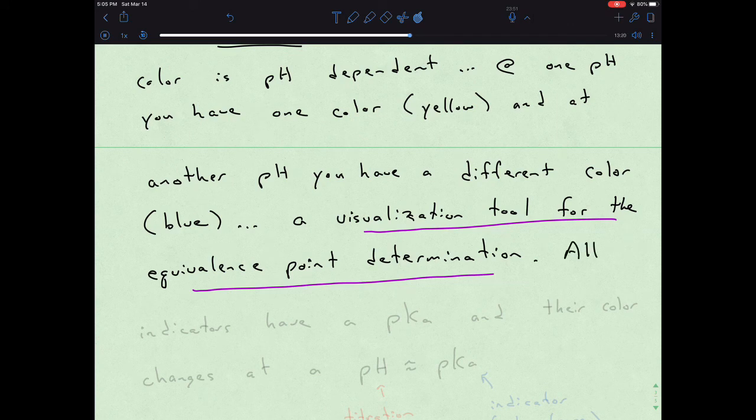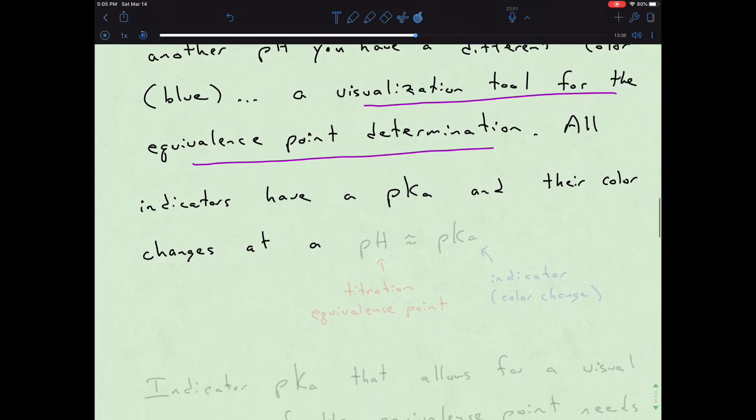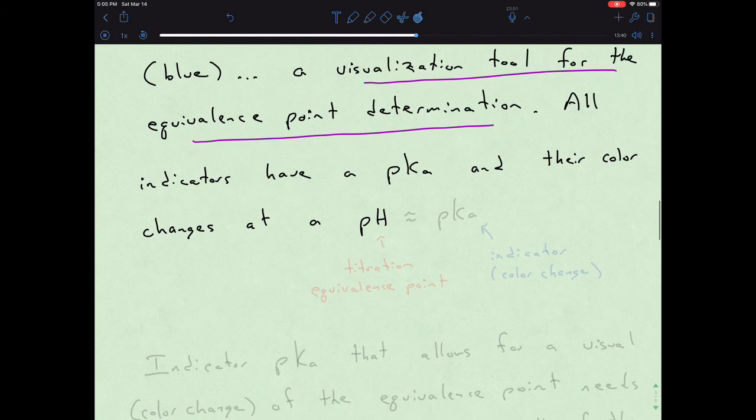All indicators have a pKa, and their color changes at a pH that is essentially equal to the pKa.